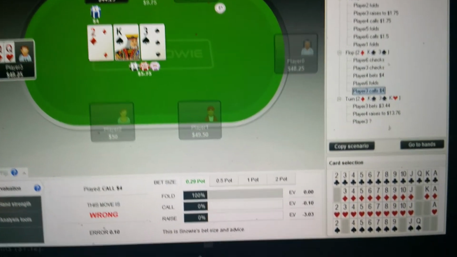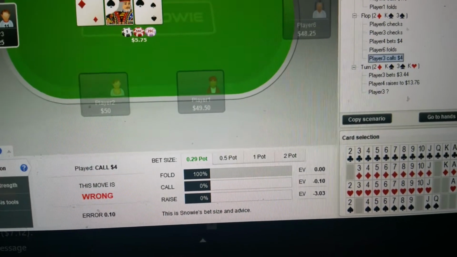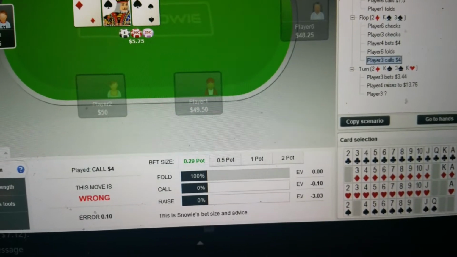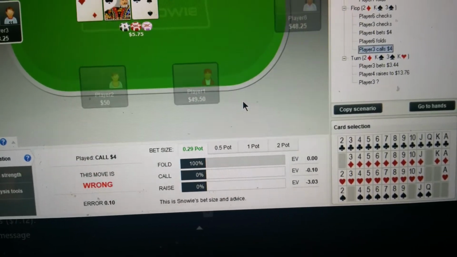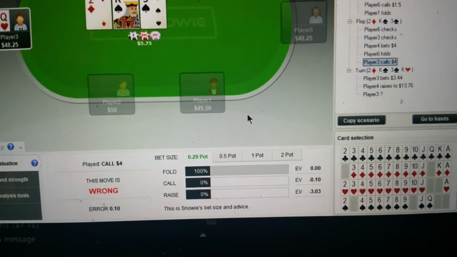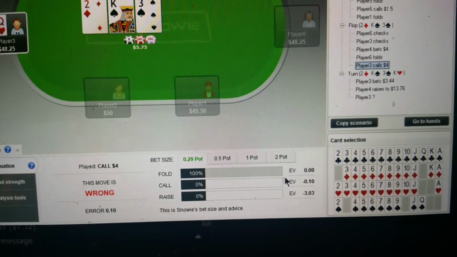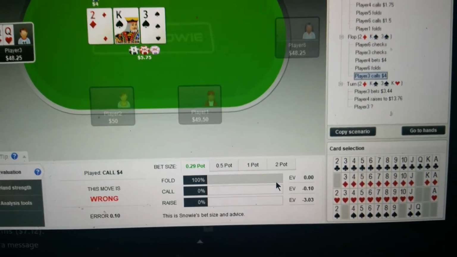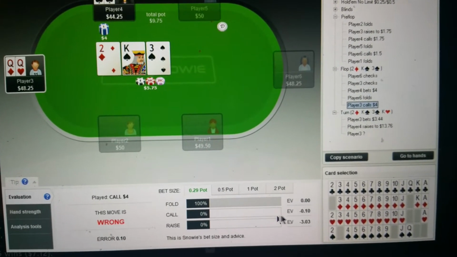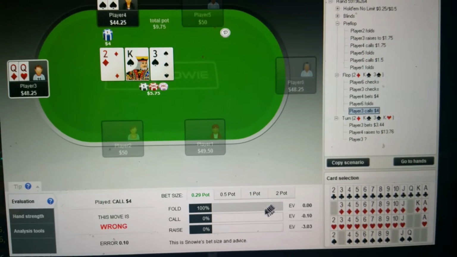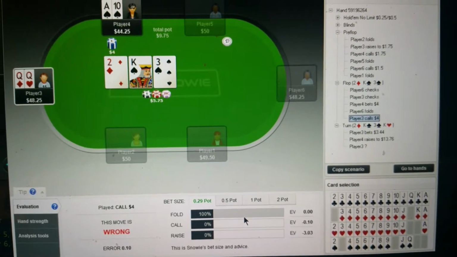And the EV is about 0.10, so it's not that big of a deal. It's not a blunder per se, just an error. So it wasn't too negative the EV to call, but anyways.